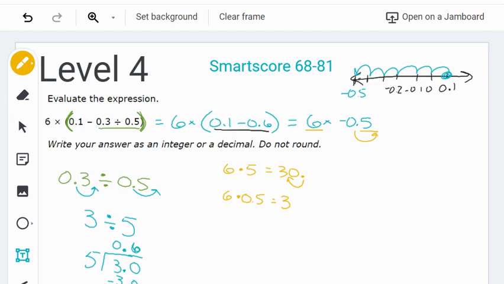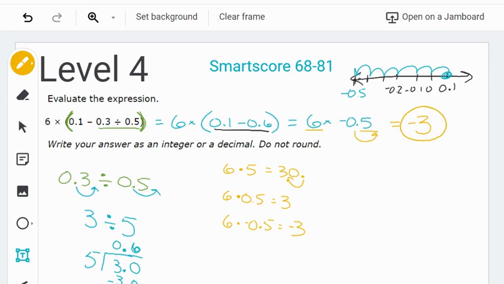And when you're multiplying two numbers and one is positive, one is negative, your answer is negative. If they're both positive, or if they're both negative, then you get positive answers. So in this case, this is going to end up equaling negative 3.